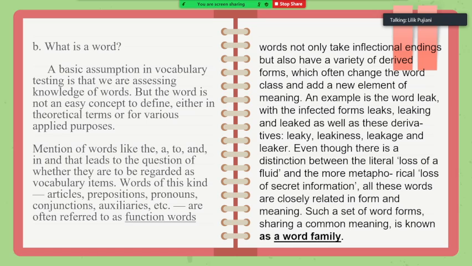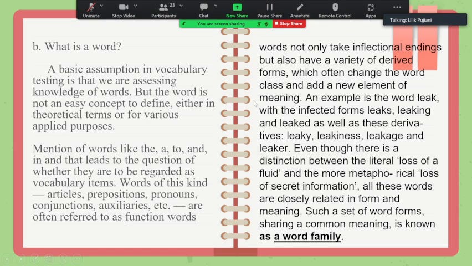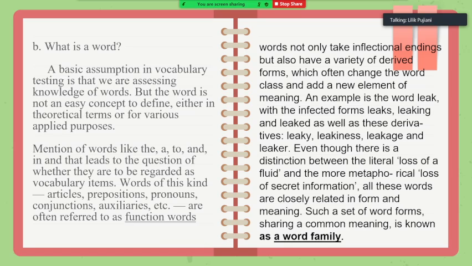Next, words not only take inflectional endings but also have a variety of derived forms, which often change the word class and add a new element of meaning. An example is the word leak with the inflected verbs leaks, leaking, leaked, as well as the derivatives leaky, leakiness, leakage, and leaker.